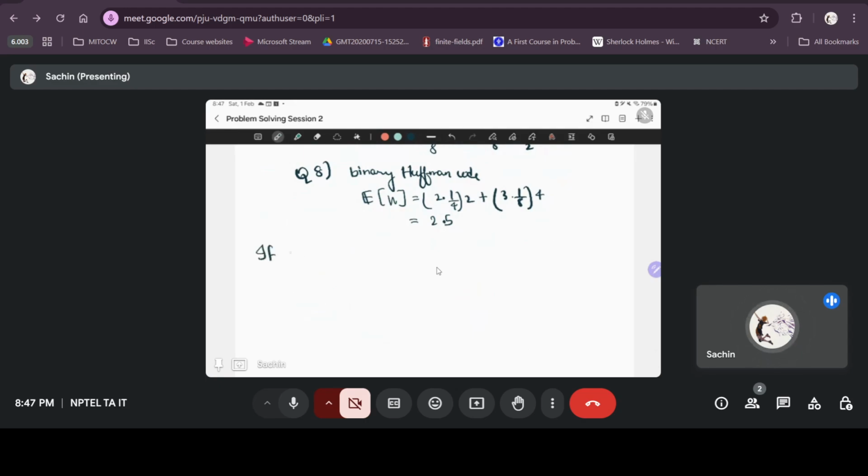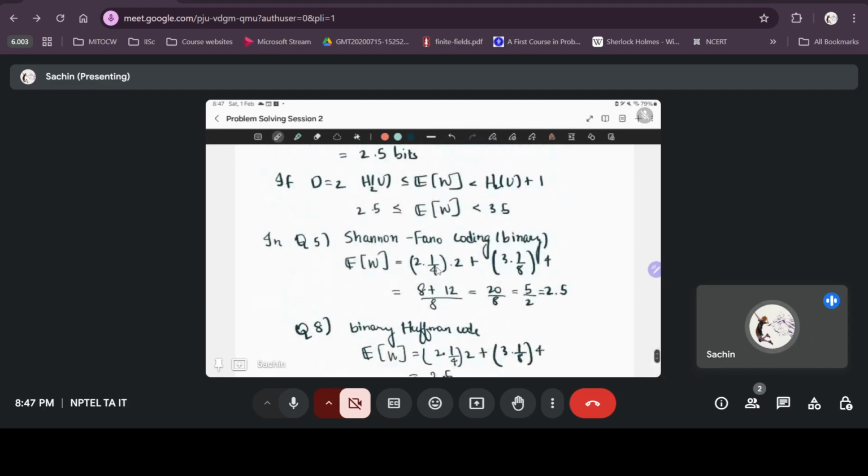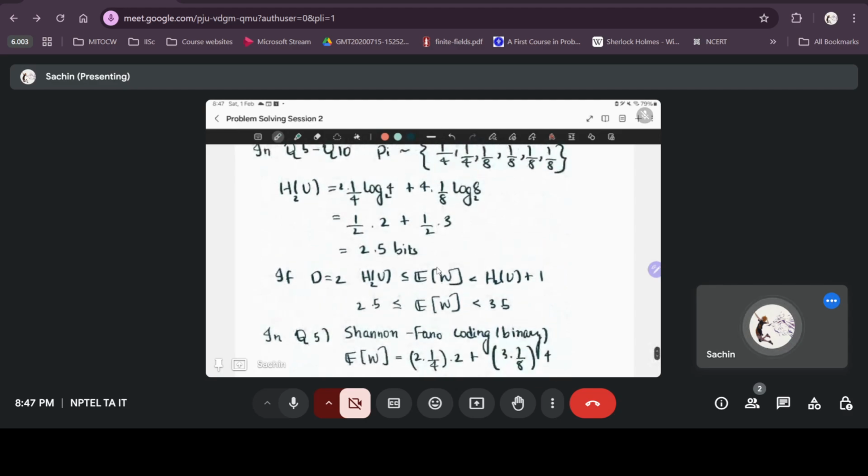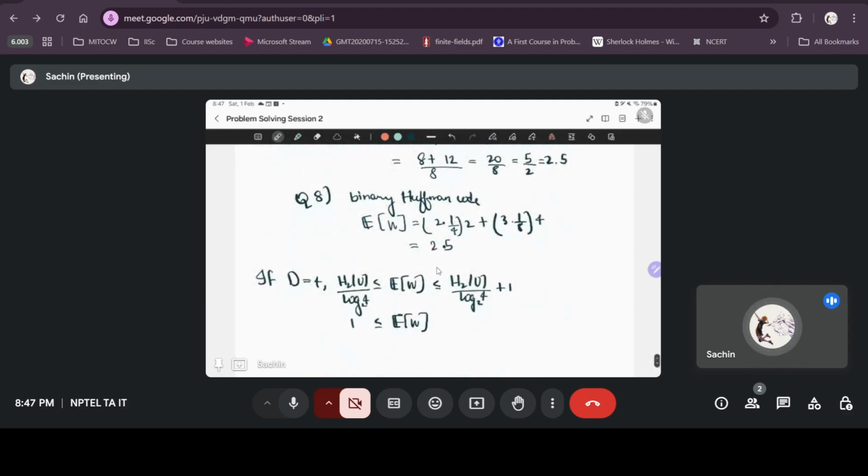But it changes if D is equal to 4. In case D is equal to 4, E of W is between H2(U) by log 4 and H2(U) by log 4 plus 1. So E of W is between: H2(U) is 2.5, log 4 is 2, so this is between 1.25 and 2.25.